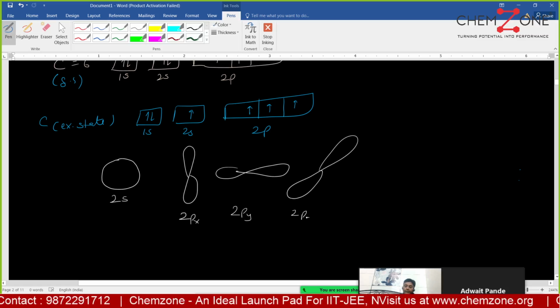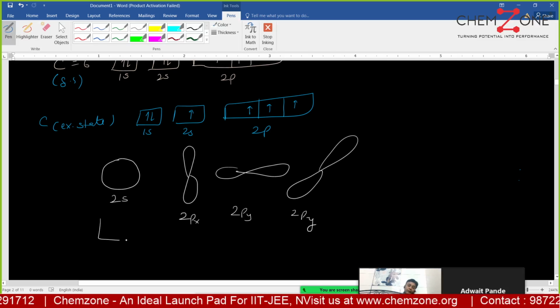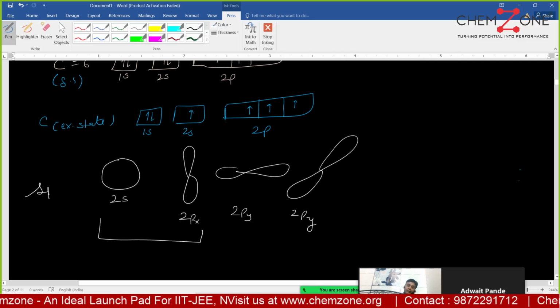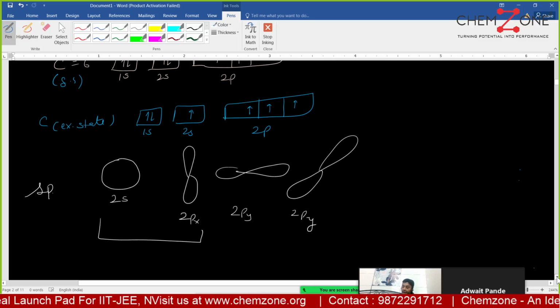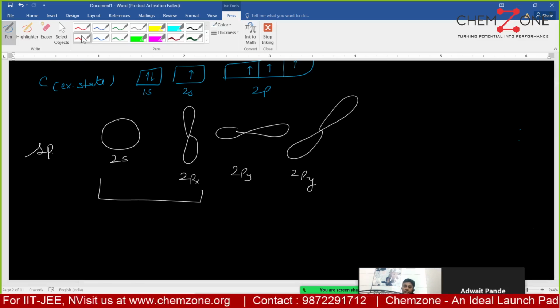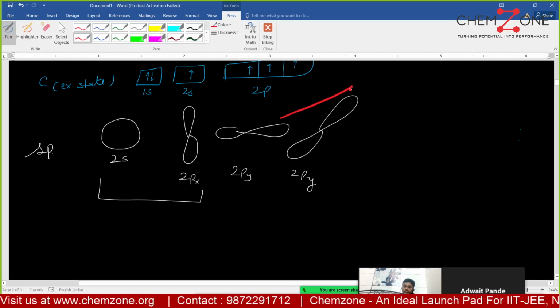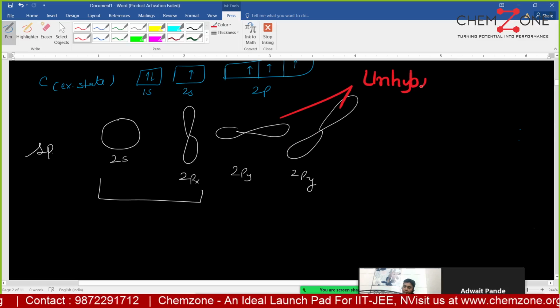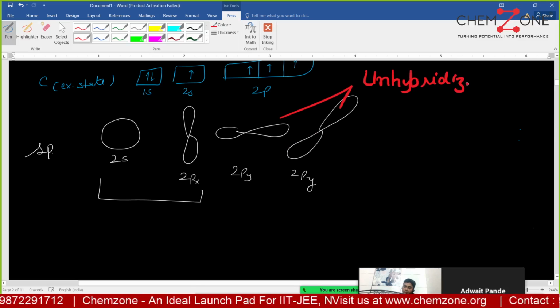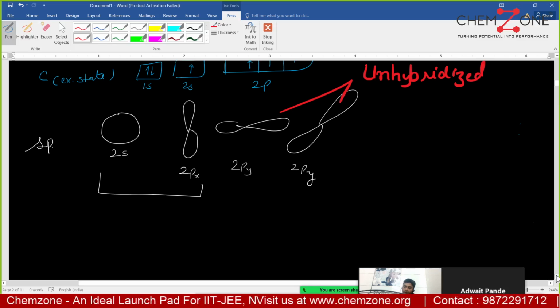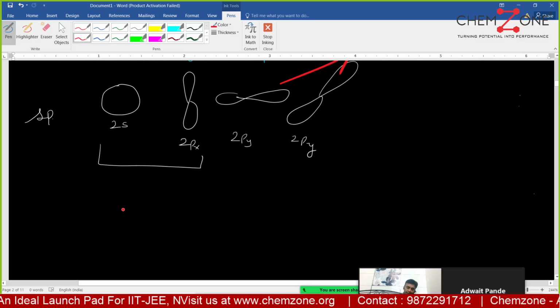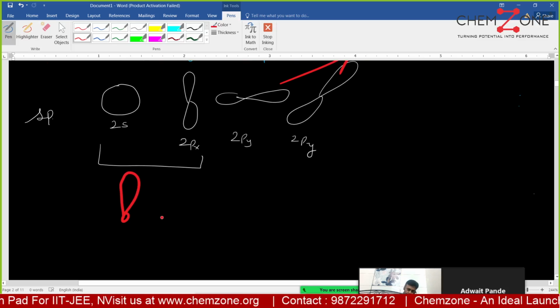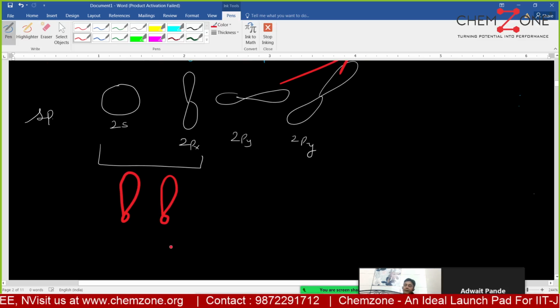In case the carbon is making triple bond, it undergoes sp hybridization, means one s and one p undergo intermixing, and the other two remain unhybridized. After intermixing, they will have same shape and same energy.